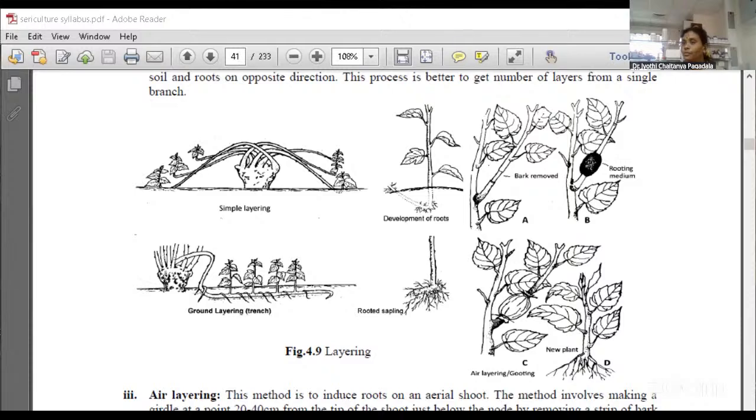Then what are the new varieties evolved, and we will discuss the genetic breeding strategy in the mulberry and for the temperate hills. And here we also discuss the hybrid vigor in our next class, along with the other topics like cultivation practices. Tomorrow we'll start with cultivation practices.